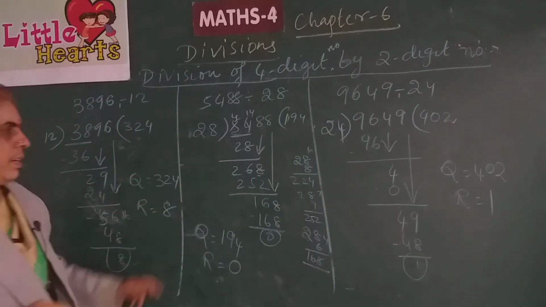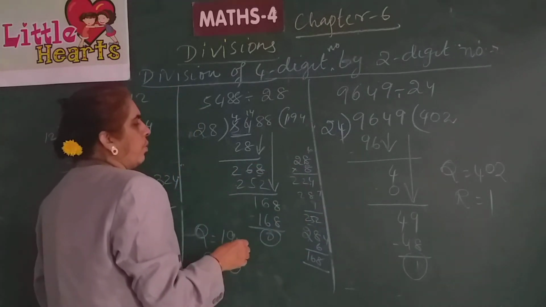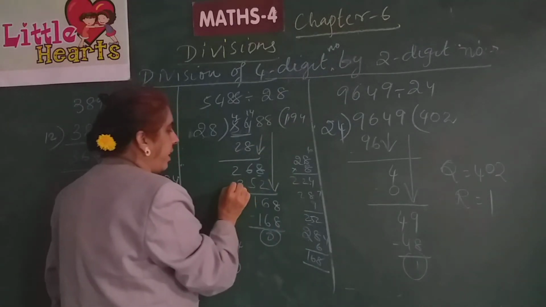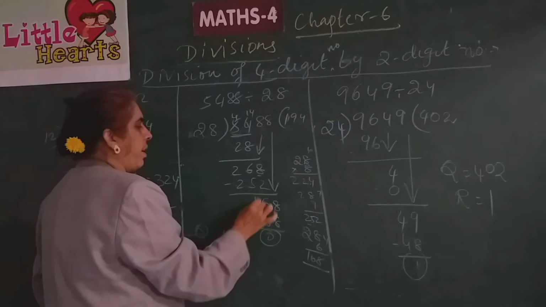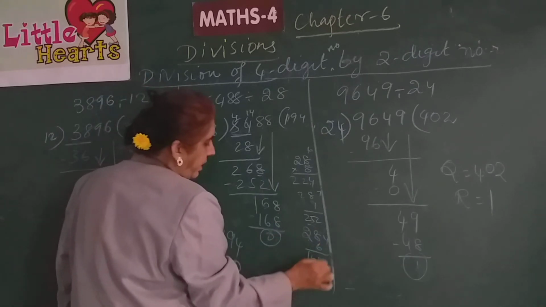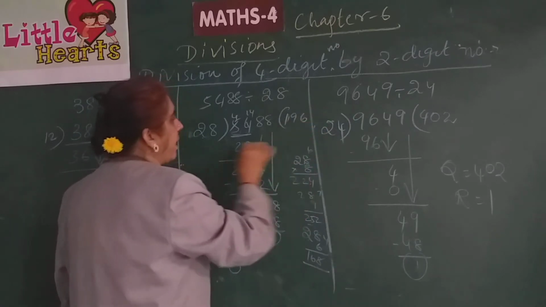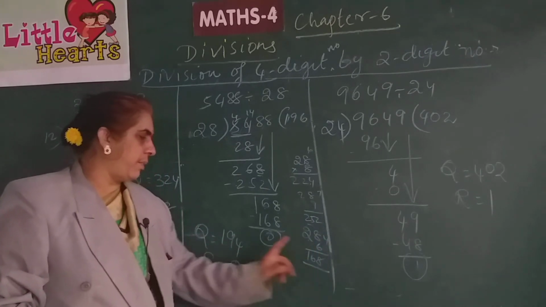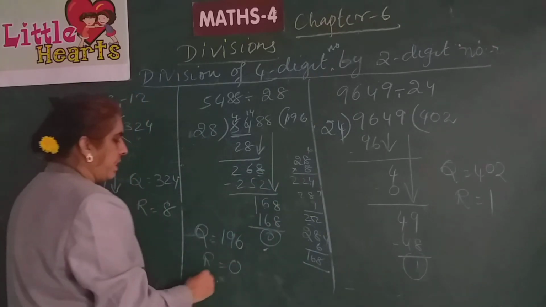Now read the 28 table. 28 8s are 224 and 28 9s are 252. 28 10s are 280, so we have to go with 28 9s are 252. 268 minus 252 is 16. Bring down 8, 168. 28 6s are 168. So the quotient is 196 and remainder is 0.